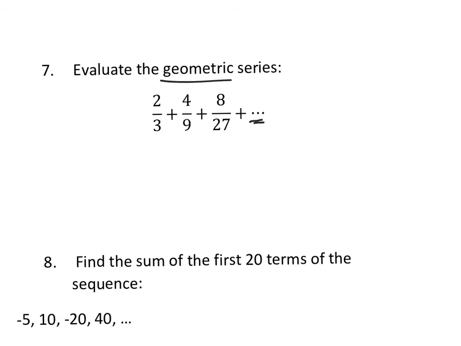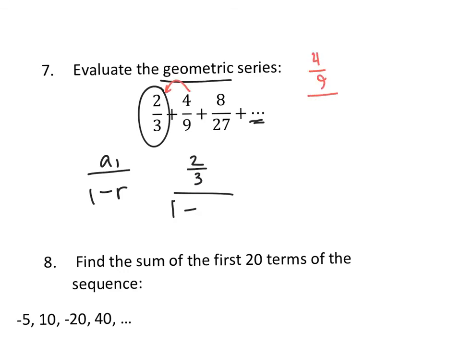So the infinite geometric series formula is a sub 1 over 1 minus r. So my first term is 2/3, and my r is 4/9 divided by 2/3. That's the same thing as doing 4/9 times 3/2.